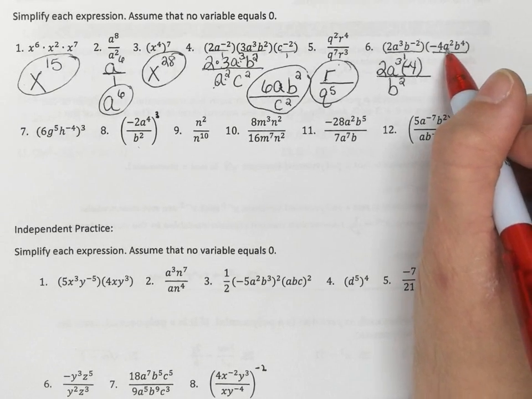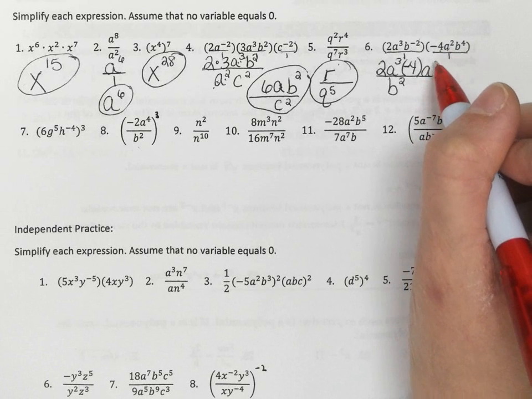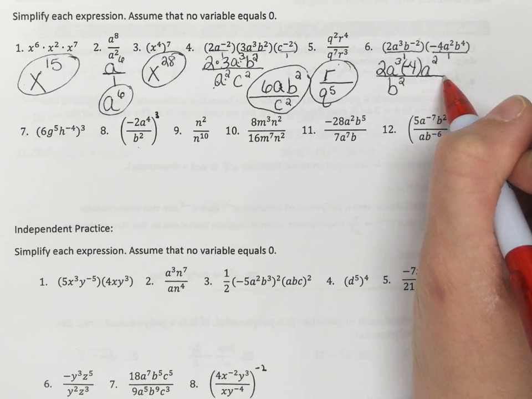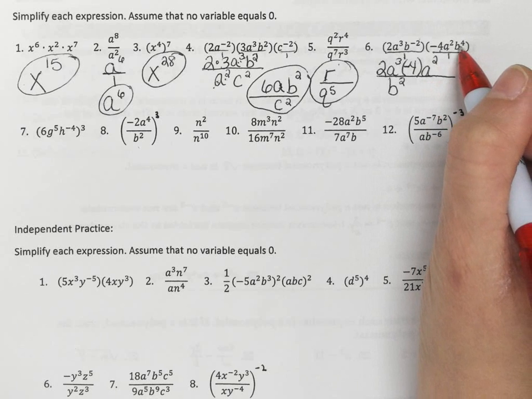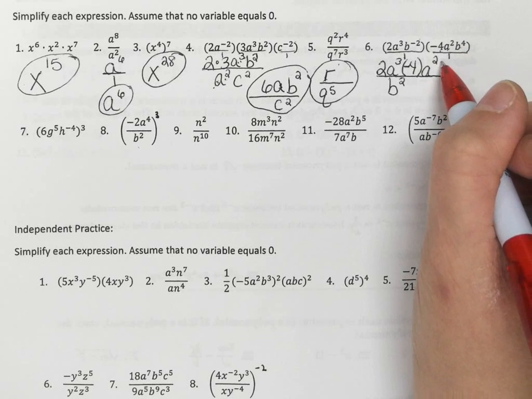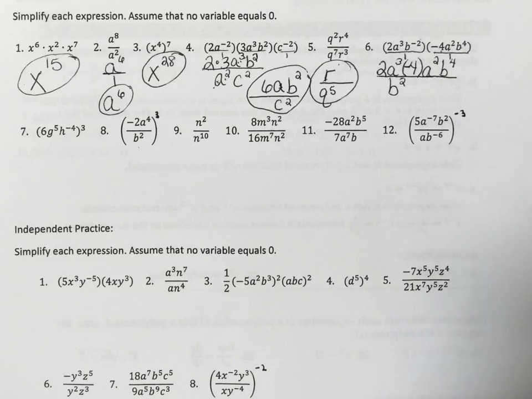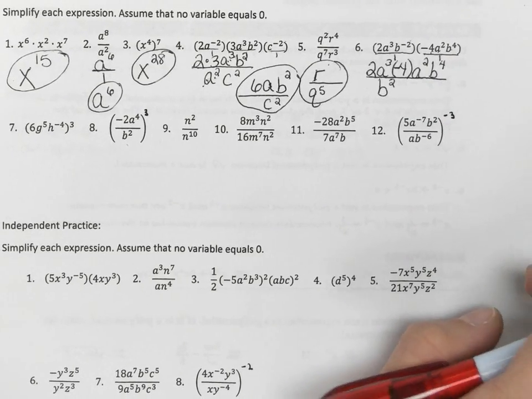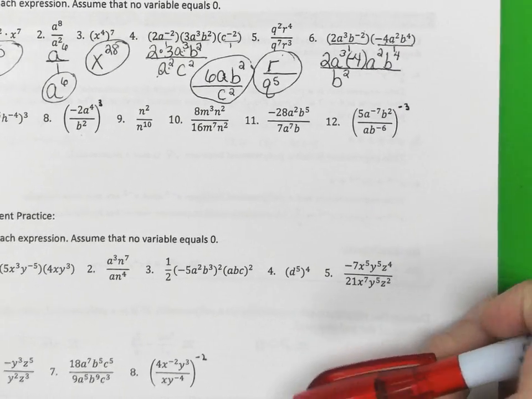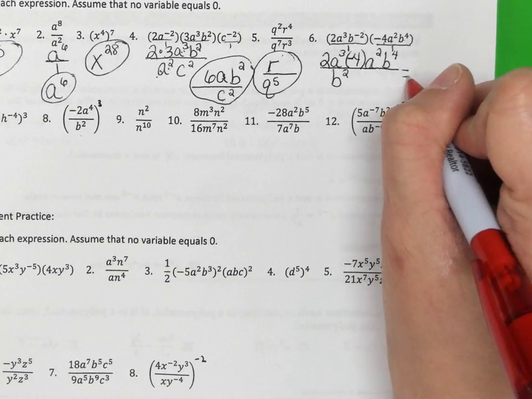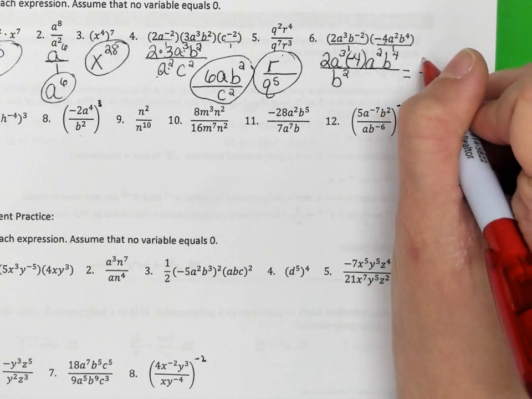All right, what about A squared? He's positive. Don't touch him. Leave him there. What about the B to the 4? He's positive. Don't touch him. Leave him on the top. Then I can multiply 2 times negative 4 is negative 8. Very good.